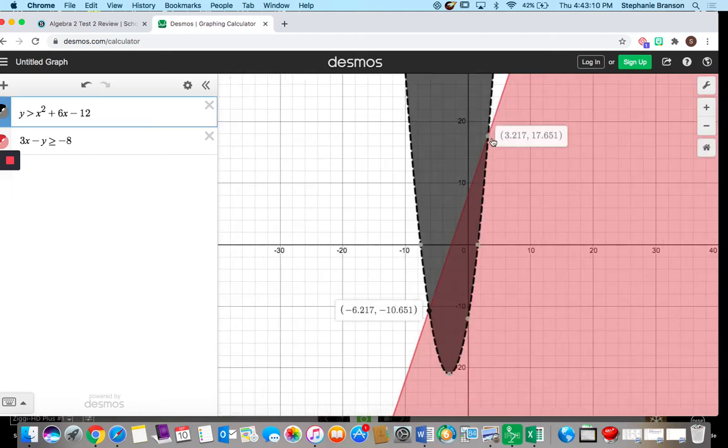So our solution region, if we were just looking at the x values, would be from negative 6.217 and 3.217.